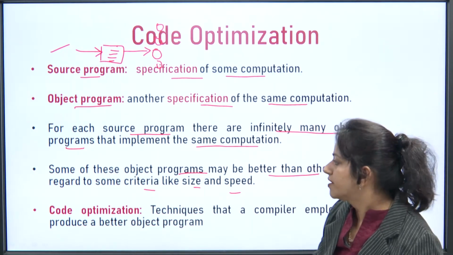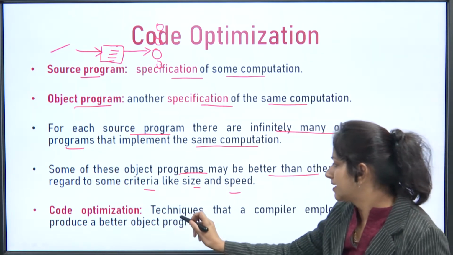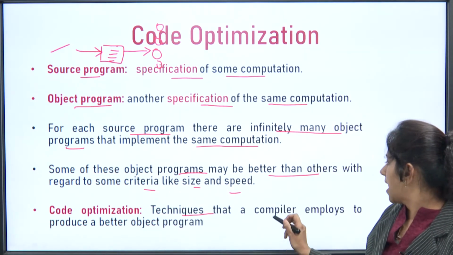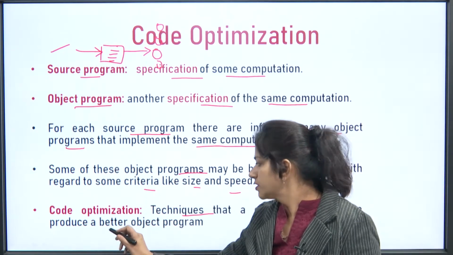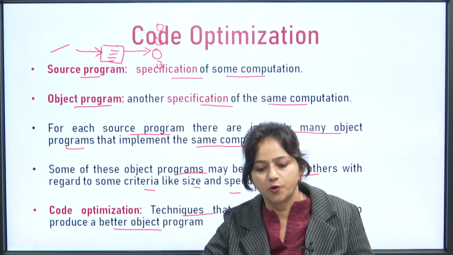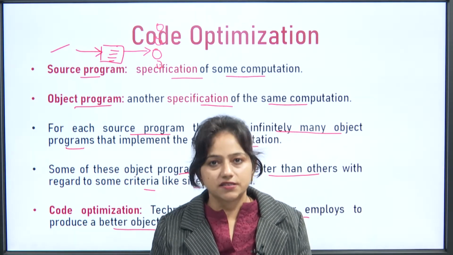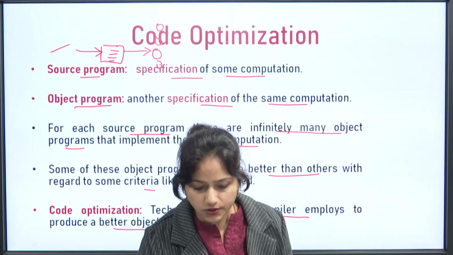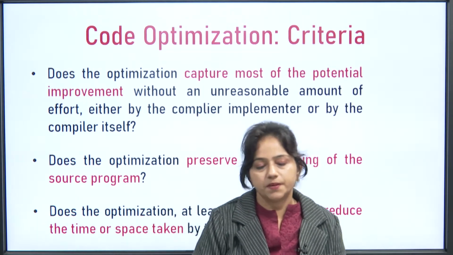So, what is code optimization? It is a technique that a compiler employs to produce better object code, meaning code that is smaller in size and faster in speed.